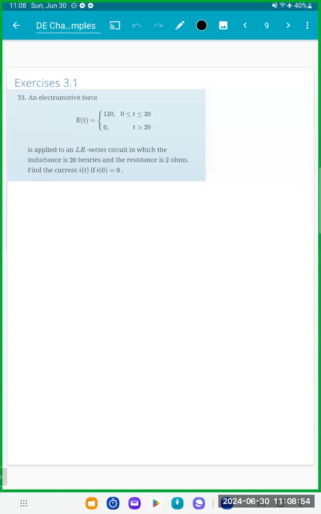For this final problem, this one's a little bit more involved, but it's another problem with the electromotive force.